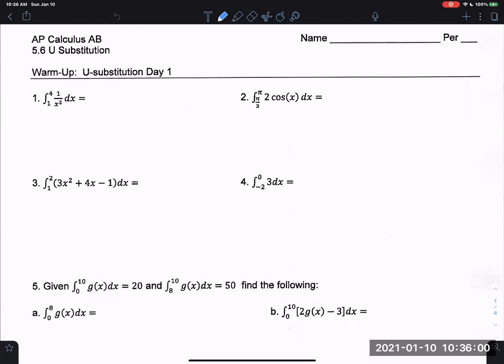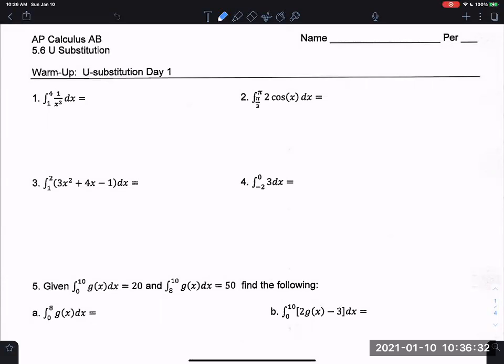So a lot of today will be about a method of how to take an integral when we don't know any other method. So far, we have the power rule and memorizing the integrals of trig functions, as well as some of the other special functions like e to the x, as well as ln x, or I should say 1 over x.